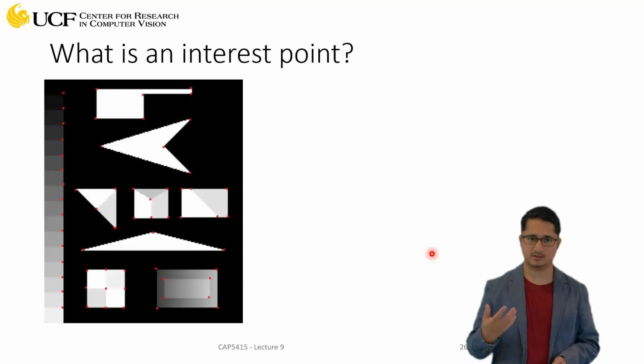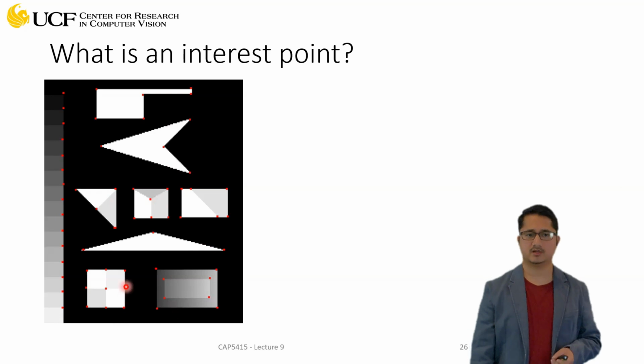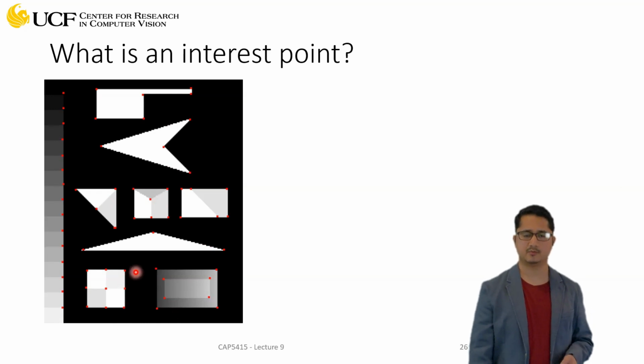Let's try to make it more concise. Now, if you look at this image, this is a grayscale image, and there are different shapes present here. Let's try to find out which points are interesting and which are boring. The interesting points will be our key points. If I pick any point in this dark region, I think it's not interesting, it's boring, because there are a lot of such points.